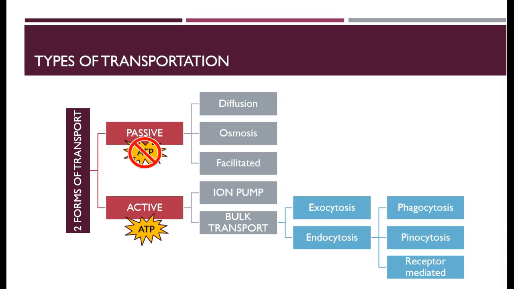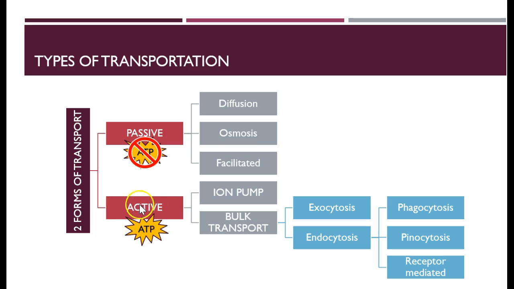This diagram is a summary of the two types of transportation, passive and active. Passive does not require energy, and active needs energy. The three types of passive transportation are diffusion, the process of osmosis, and facilitated diffusion. For active transport, it requires energy.